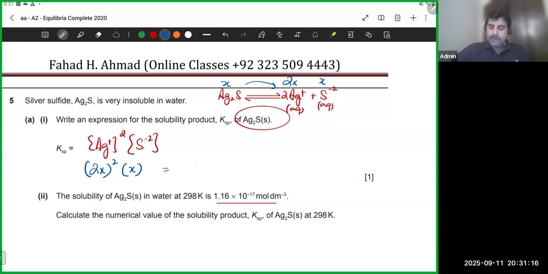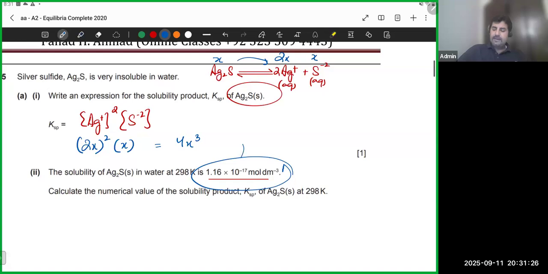That gives me 2 squared is 4, so 4X cubed. Now I know what the solubility is, they already told me, so that is what X is. I'm just going to plug that value into this expression: 4 times 1.16 times 10 power minus 17, and that's getting cubed.